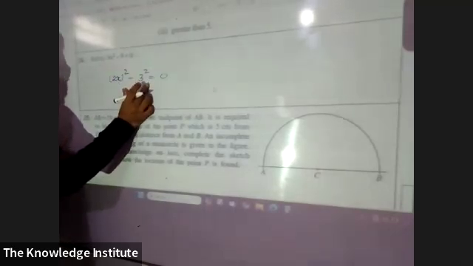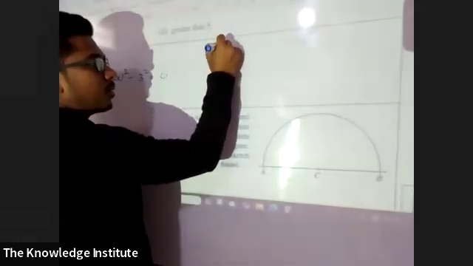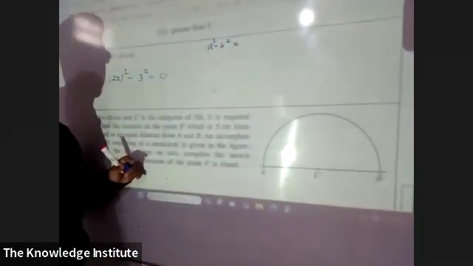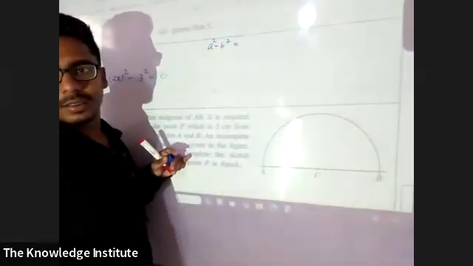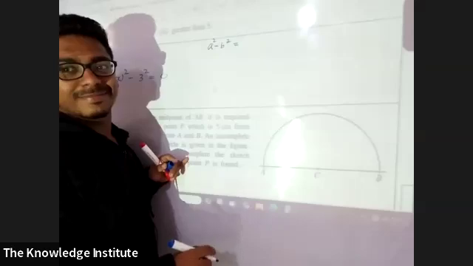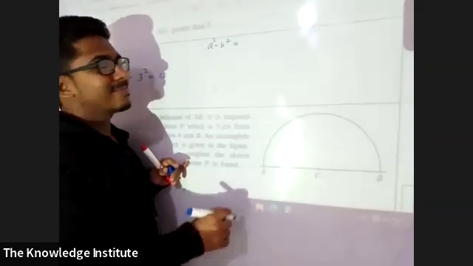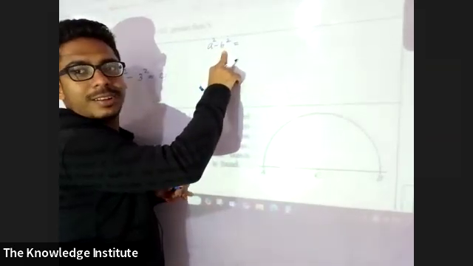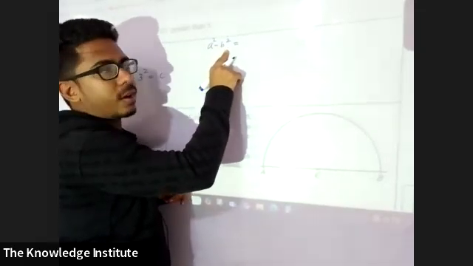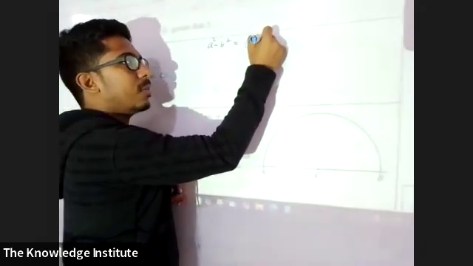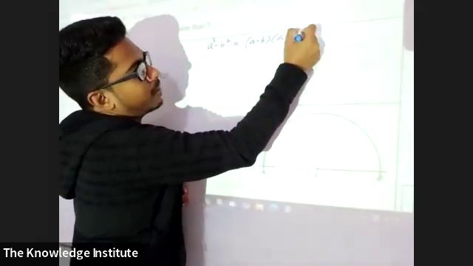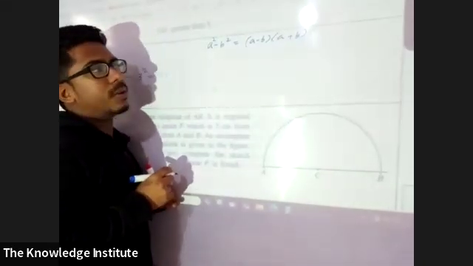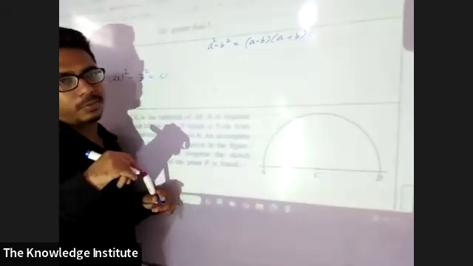Now this is the difference between two squares. a squared minus b squared is (a minus b)(a plus b).